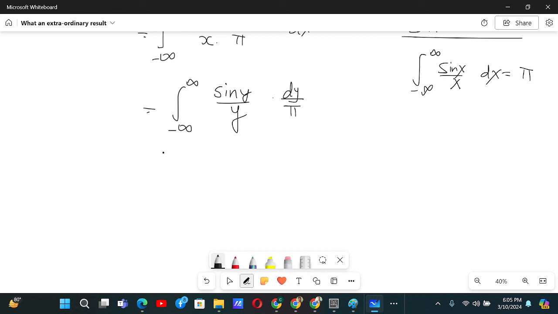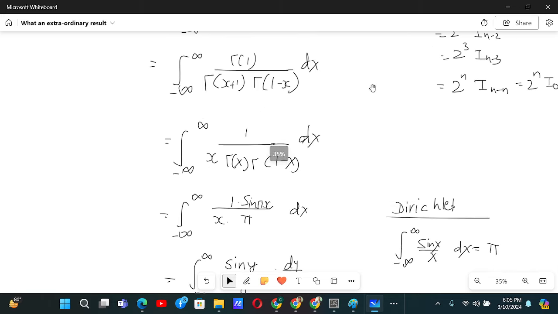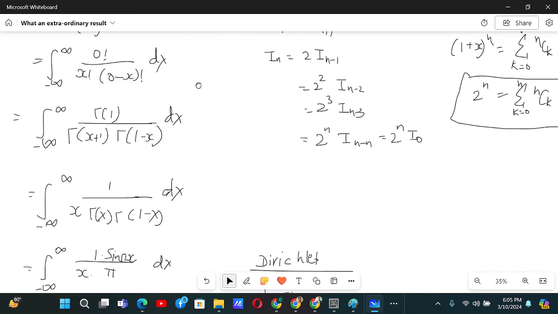Now we know that this integral is equal to pi, and pi by pi is 1. So this simplifies to 1, and we see that I of 0 is actually 1.